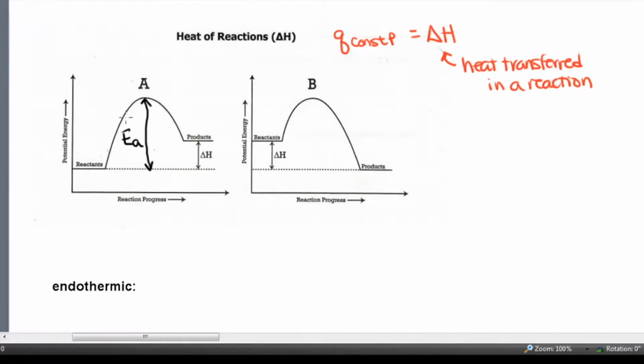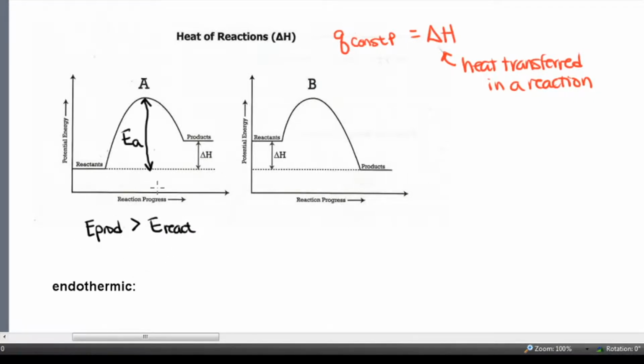And then the energy started to go back down, but it didn't go all the way back down to how much energy the reactants had. In fact, the energy of your products is ending up greater than the energy of your reactants.